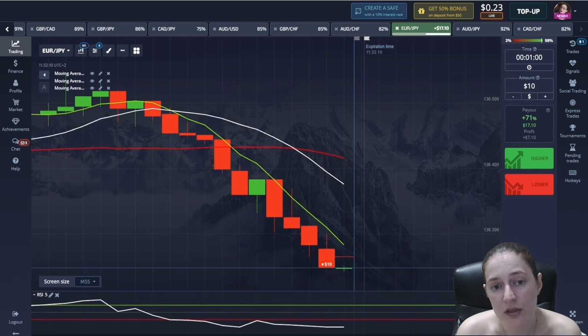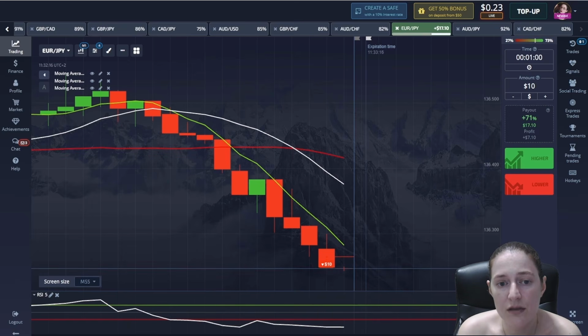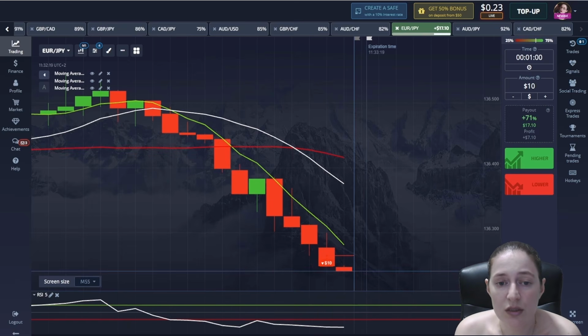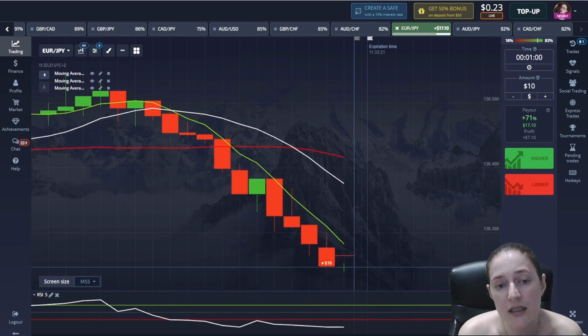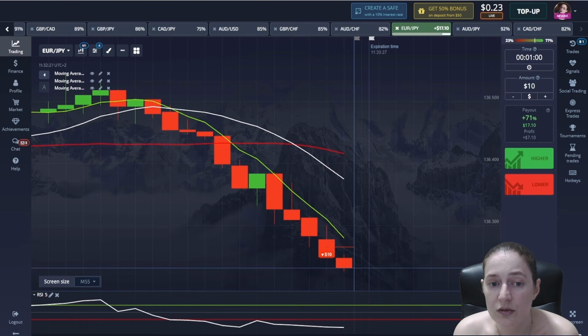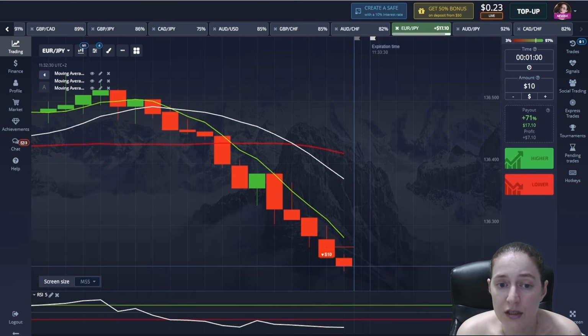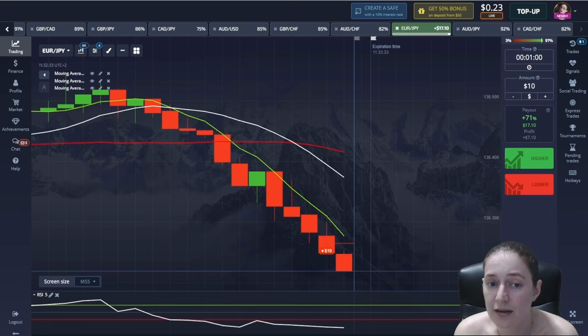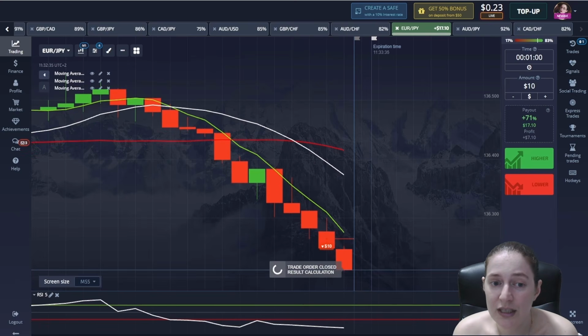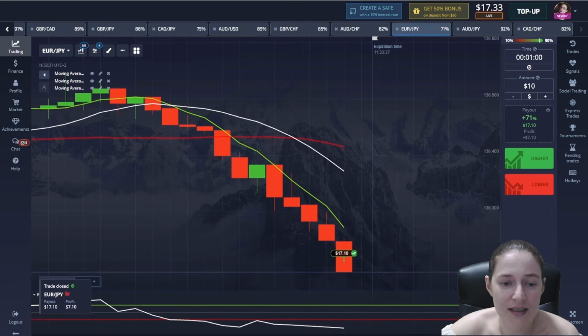That is how strong the trend is. In this case, there is a very strong descent, and I have to use it. So in such a strong descent, when a green candle is made, it's almost often replaced by a red candle. So don't be afraid when you see a green candle in a downward trend. Great, another win.